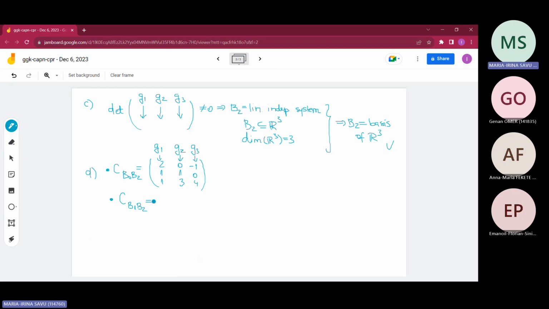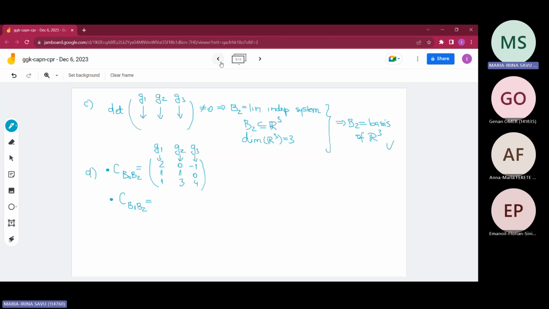Tell me, what do you have to do in order to find this matrix? So we have to compute C, B1, B0 multiplied by C, B0, B2. Yes, this is a very good method for finding this matrix.